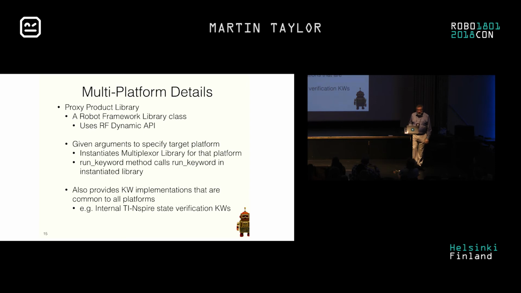And we were also able to do some keyword implementations in the proxy library that didn't have anything to do with the platform. For example, TI Nspire has an internal state that is obtainable, at least in a testing environment, as an XML capture.